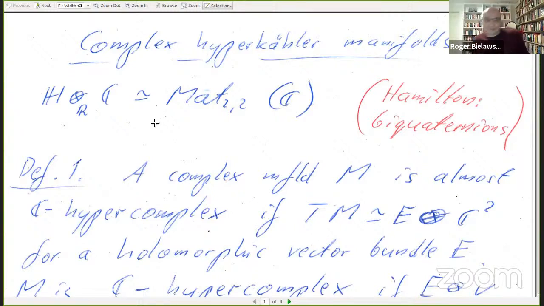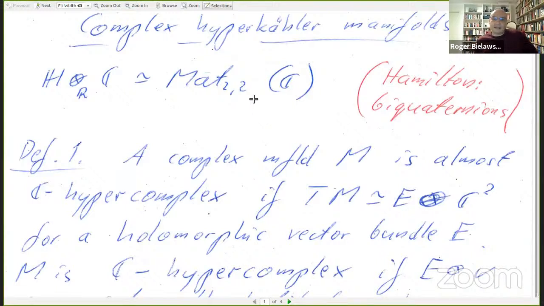Hi everybody. Following Simon's suggestion, I'll do a brief introduction to these complex hyperKähler manifolds, maybe providing some additional information to Tom's talk. The complexification of the quaternion algebra is the 2x2 complex matrices, which Hamilton called biquaternions.